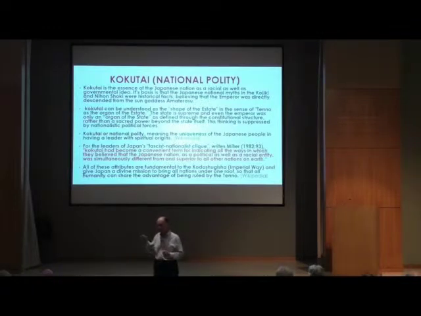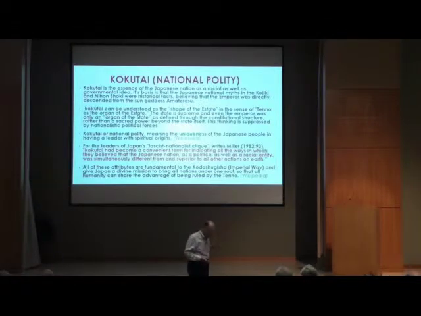The imperial way basically is the spiritual aspects of the Japanese polity. I'll read it again, so that all of humanity can share the advantage of being ruled by the Tenno, Tenno being emperor. So that is what kokutai is, and this will become incredibly important at the end of the war.